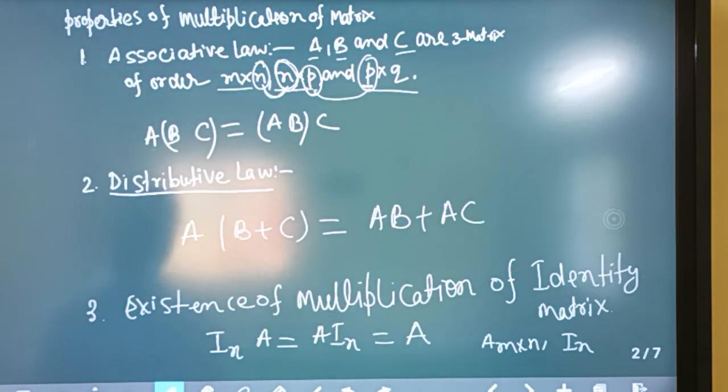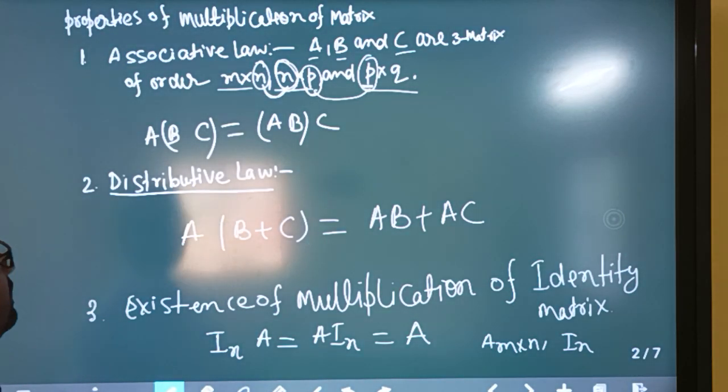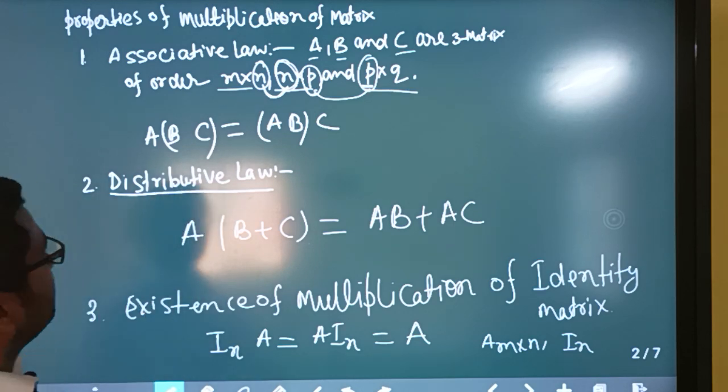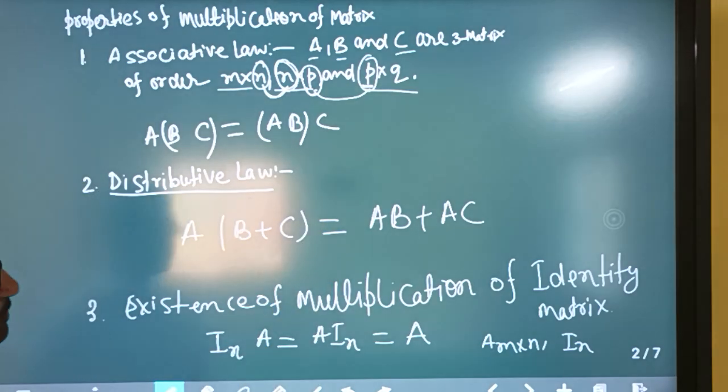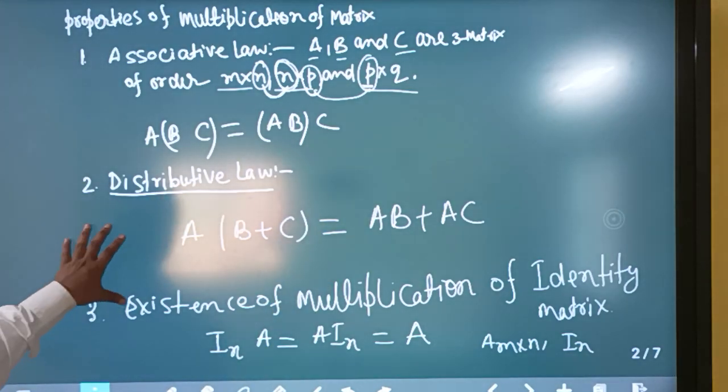The associative law is applicable to three matrices: A(BC) equals (AB)C.